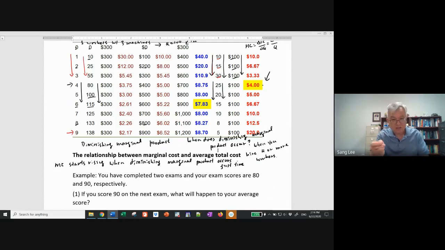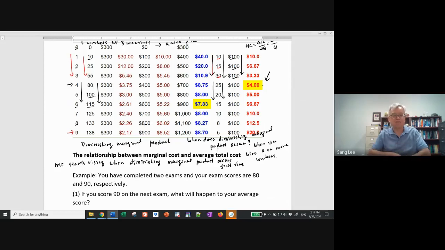Yet each additionally hired worker will cost you the same amount, while the additional output you get is smaller and smaller. That's why marginal cost, the cost of an additional unit, is rising. So marginal cost starts rising when diminishing marginal product occurs for the first time.